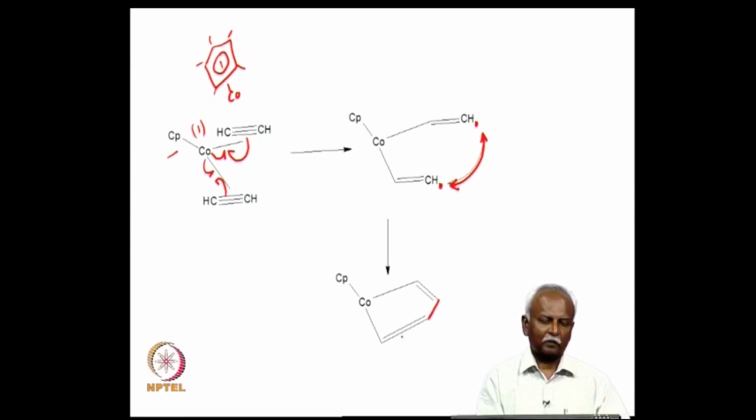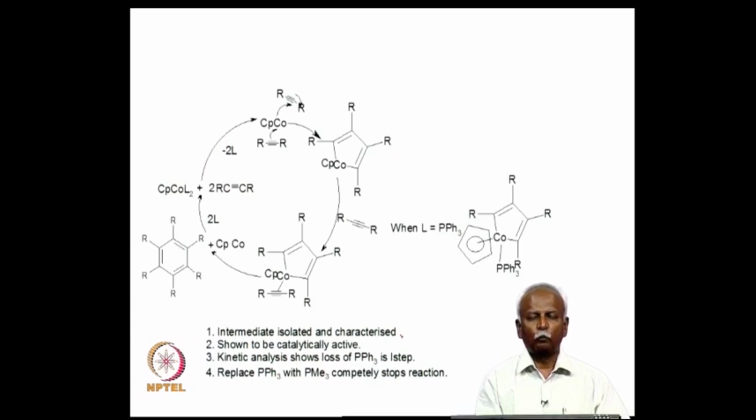So, now this metallocyclopentadiene is involved in a variety of reactions, which resulted in a plethora of catalytic cycles with cobalt as a key player and acetylenes as the initial reactants. Now, after the formation of the metallocyclopentadiene, which is indicated here, this fast reaction results in the formation of a species which can interact with a third molecule of acetylene.